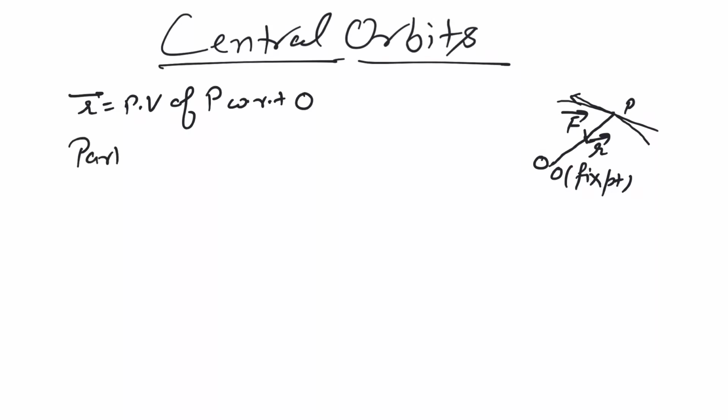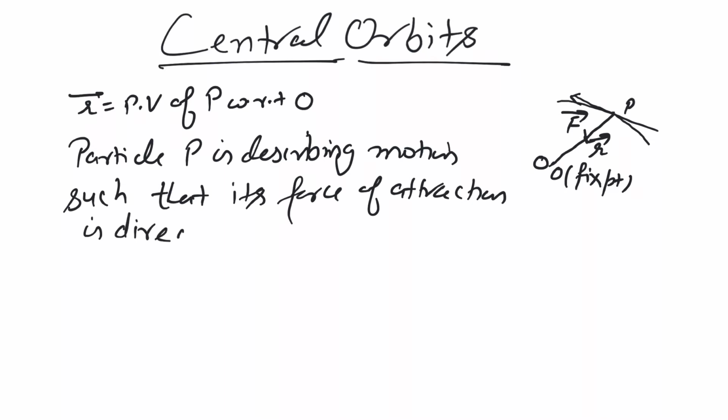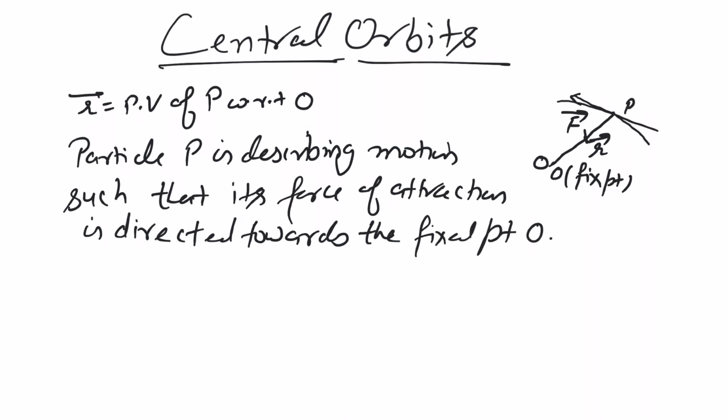where the particle P is describing motion such that its force of attraction is directed towards the fixed point O. So that kind of motion is called central orbit.